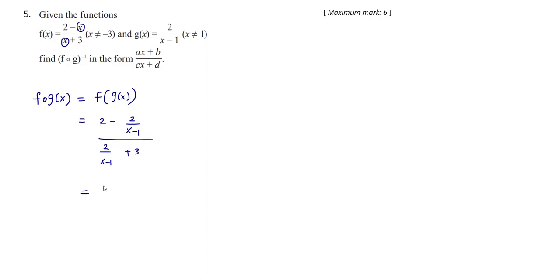So if you take LCM and all, you will get 2 times x minus 1 minus 2 upon here 2 plus 3 times x minus 1. Both x minus 1 gets cancelled in the denominators. To get this, further simplification will give you 2x minus 4 upon here 3x minus 2 minus 1, sorry.